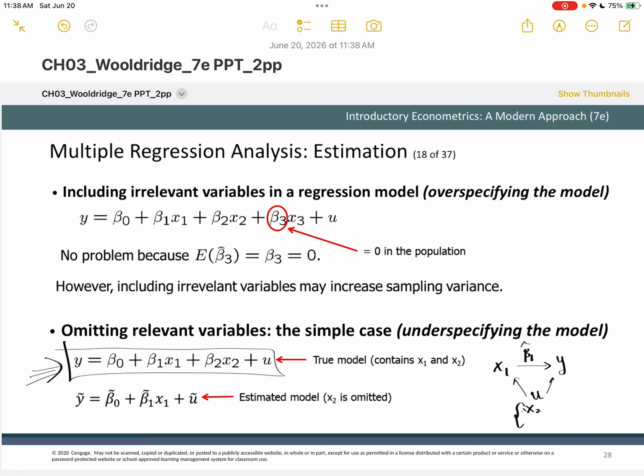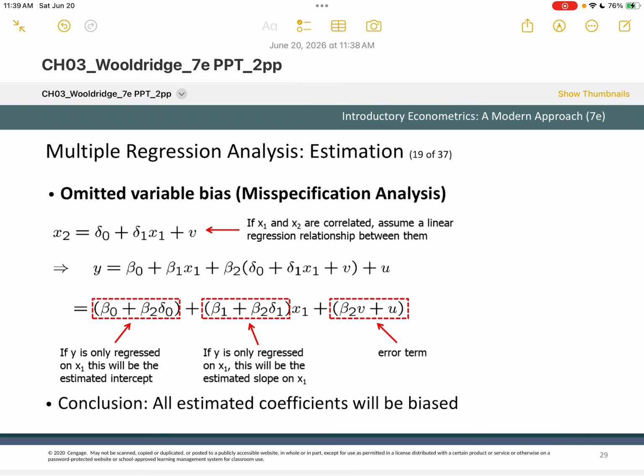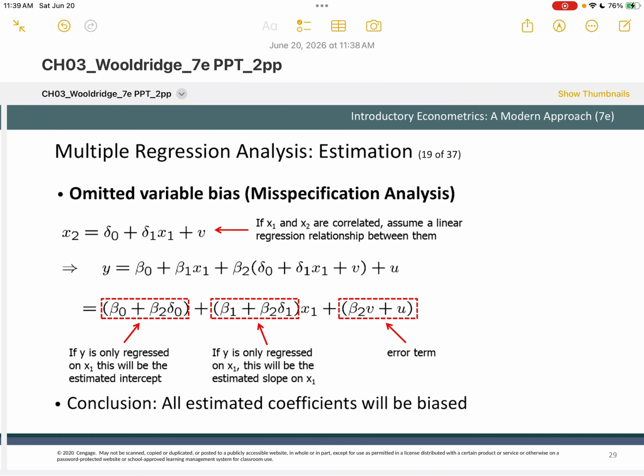Let's work on this. So if we omit x2, we are estimating this model down here: y tilde equals beta 0 tilde plus beta 1 tilde x1 plus u tilde. That's what we've estimated. What is wrong with that? Well, x1 and x2 are correlated. So there is some kind of linear relationship between them.